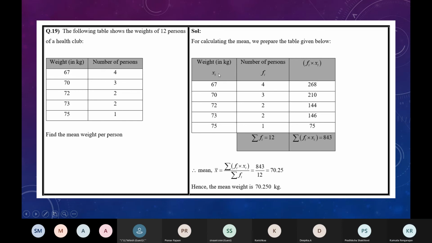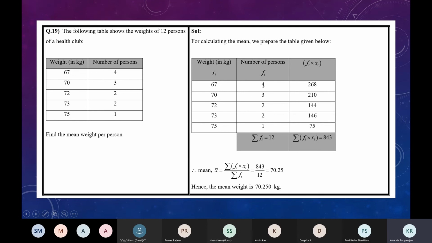The data is about the weight, right? You call that Xi, it's the Xi column. And the frequencies, we call it the Fi column. F1, F2, F3, F4, F5, these are the frequencies.